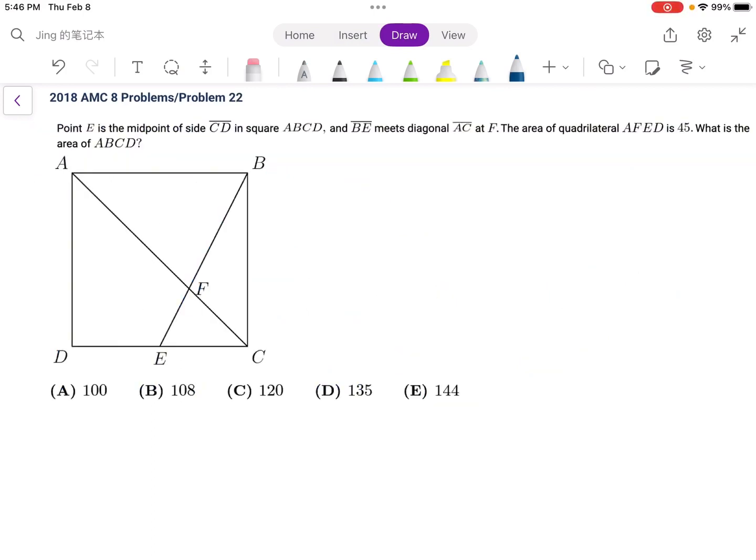Problem 22. Let's assume the length of the square is L, and because E is the midpoint of DC, therefore EC equals L over 2.